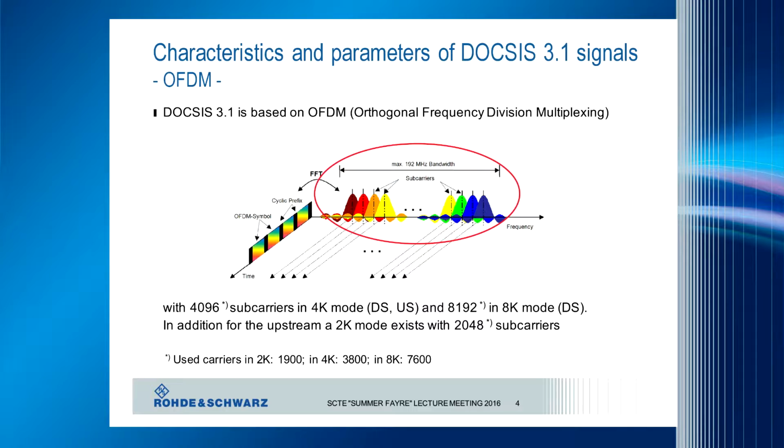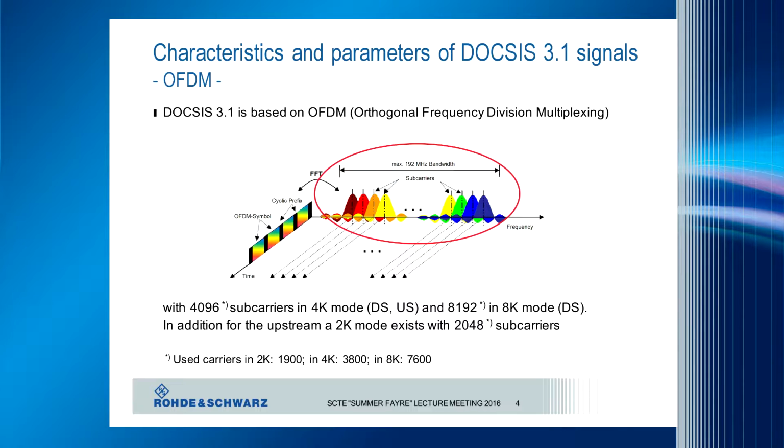Let me start with the first slide, which gives you a first impression about DOCSIS 3.1. With DVB-C, for example, J83B or DOCSIS 3.0, we have so-called single carrier standards, or single carrier modulation in use.